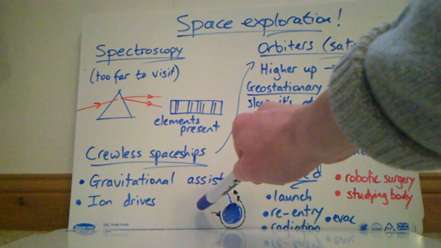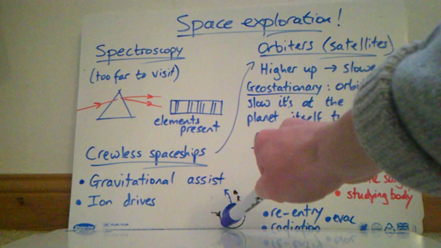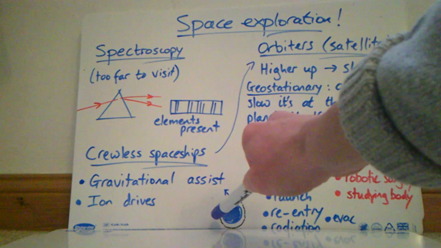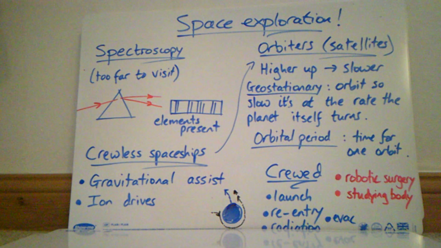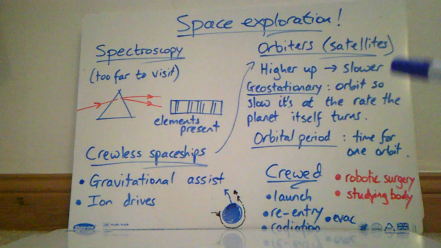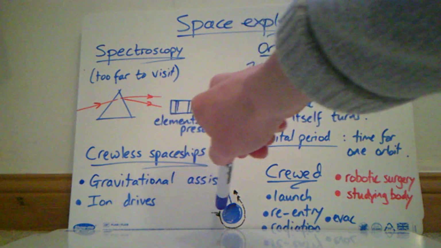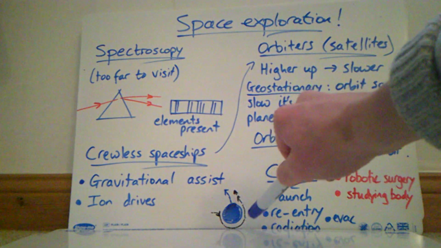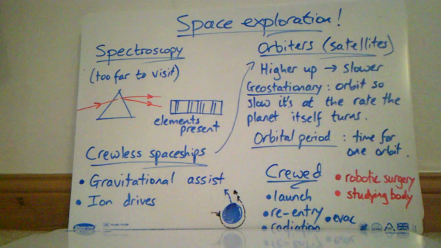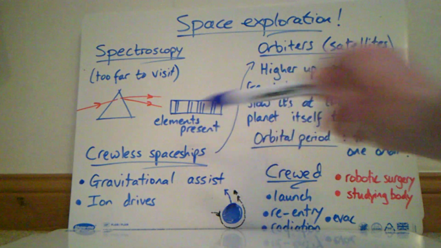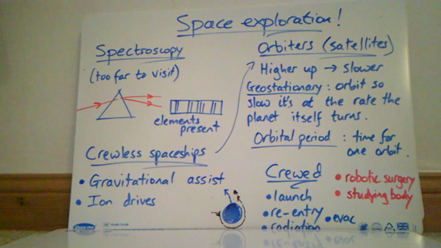Your little spacecraft allows itself to be captured by the planet, and then it's swung round by the planet because it's in orbit, and not only has it got its own kinetic energy from having been moving before it got into the planet, but now it's also got the kinetic energy from being associated with the planet as the planet's going around its orbit as well. So you add the two speeds together. So that's a gravitational assist. It's a way of getting a boost of speed without having to burn fuel.